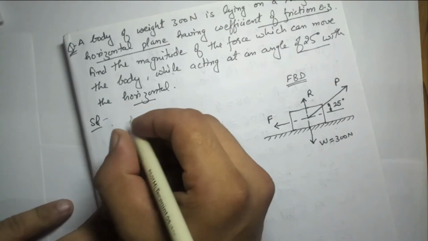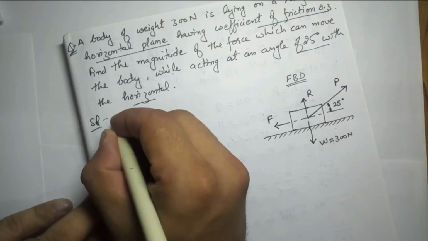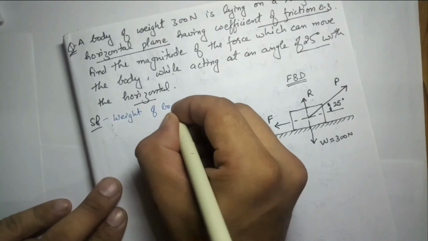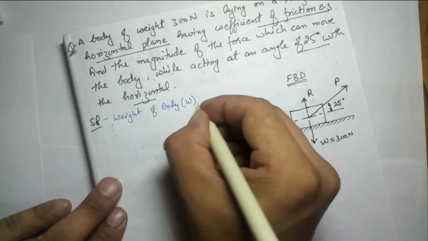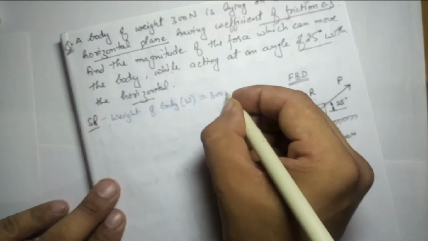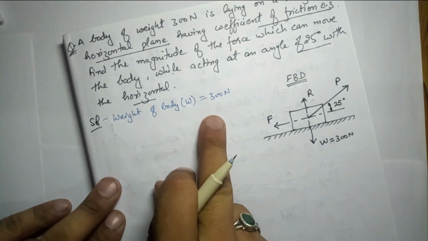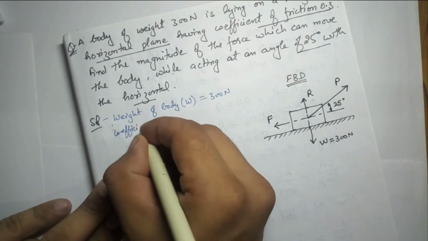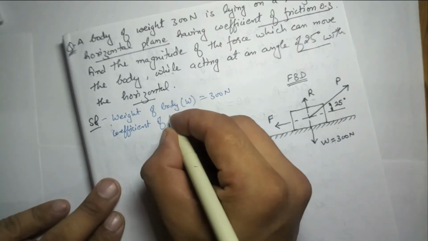Now in the solution, first of all we will see the given data. First we have the weight of body, which is directly given, so no need to multiply it with 9.81 because this is not the mass, this is the weight. Then the coefficient of friction is given.